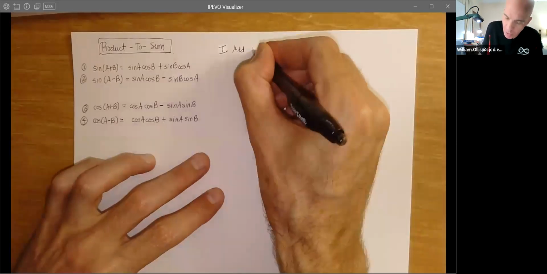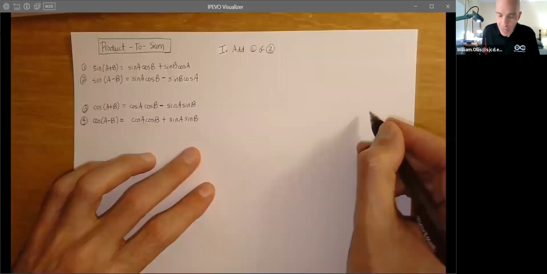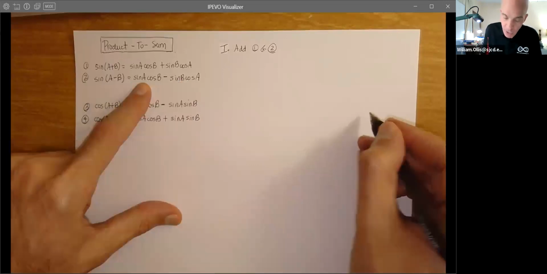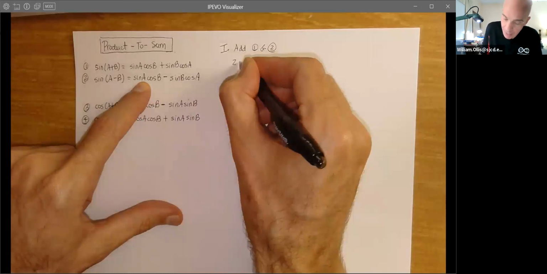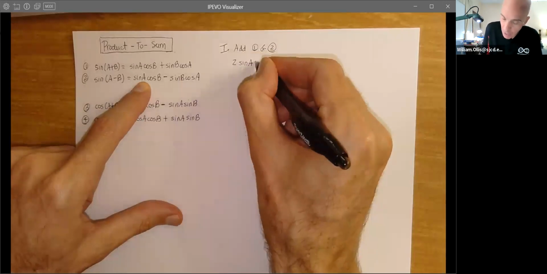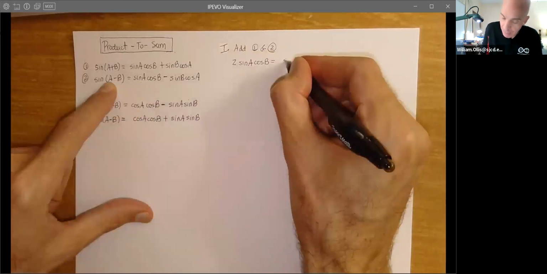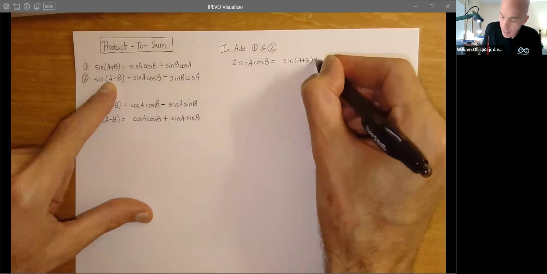So add 1 and 2. When you add 1 and 2, these absorb, okay? So this is going to give us 2 copies of this. So we get 2 copies of sine A cosine B. And that equals sine of A plus B plus sine of A minus B.